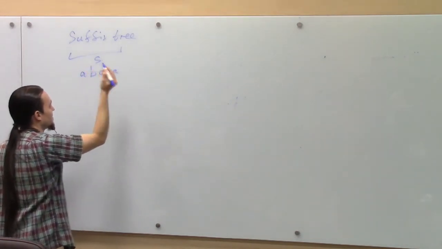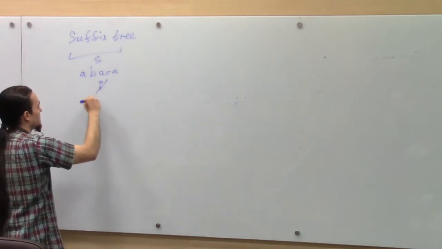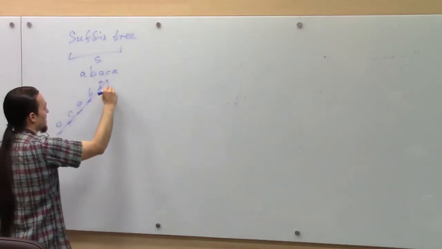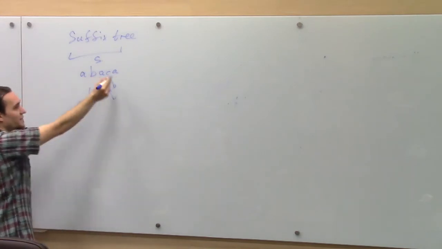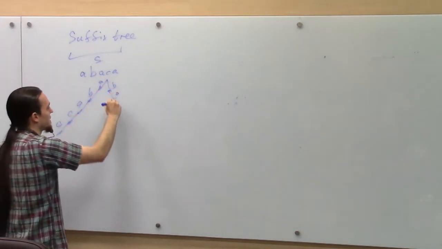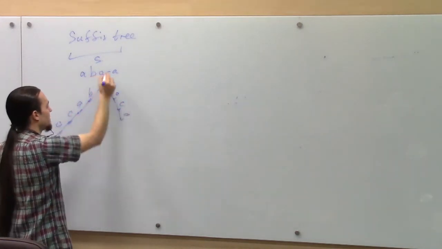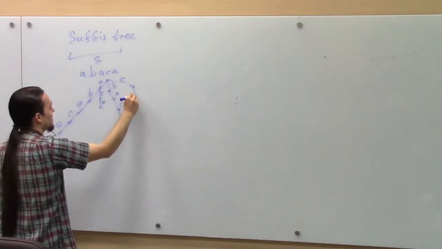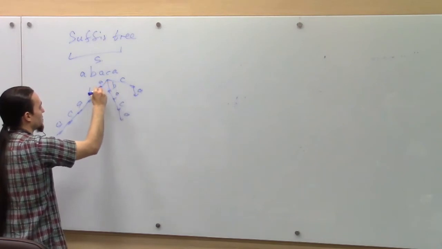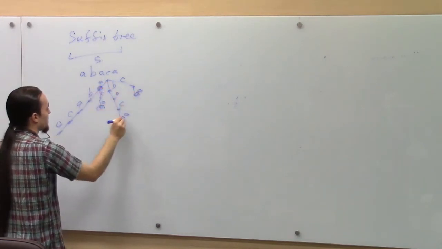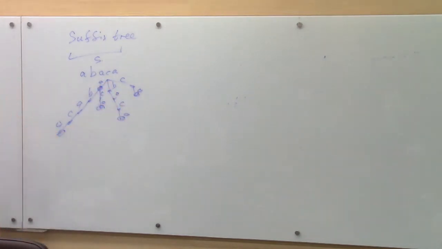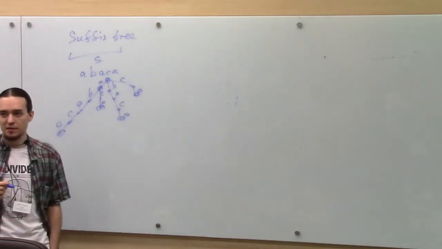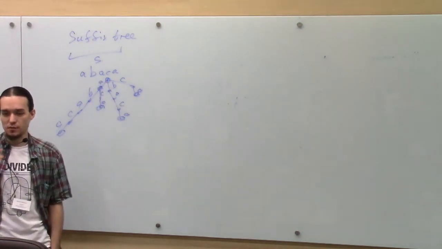So I may just as well write it down again: A, B, A, C, A, then we have B, A, C, A. We are adding suffixes in any order, and then CA, and then A. These are terminals because they correspond to the suffixes. And also the root is a terminal because there is an empty suffix. It's just convenient to have it there.